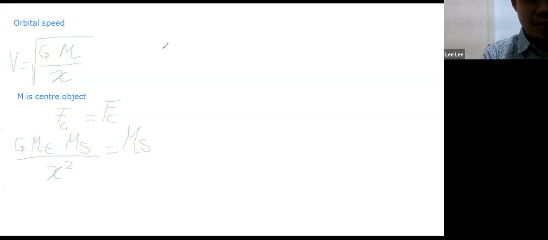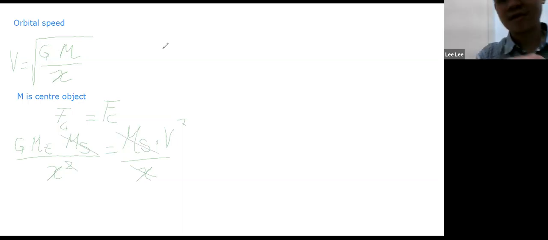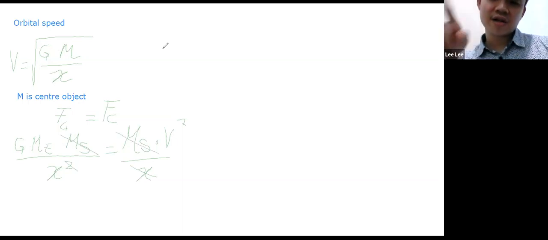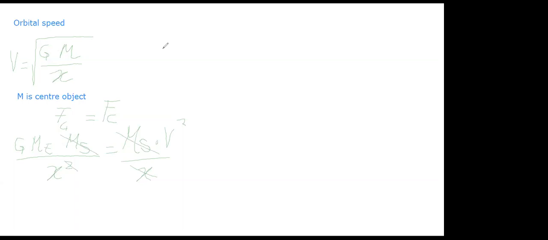The formula for centripetal force that I gave you has two forms. If I use the speed, it will be m v squared over x. So the x is cancelled out, and the mass of the satellite is cancelled out. Here you need to have one understanding: is the mass of the satellite that is orbiting important to get the speed?